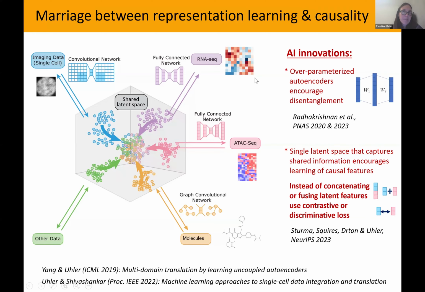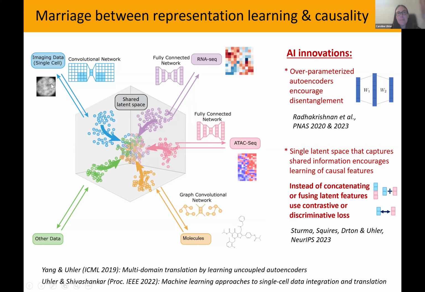And so now when you have multivariate data, you can do the alignment of these different modalities. And now here comes the intuition from causality. In many different papers, you see multimodal autoencoders, but often what they would do is either concatenate the different features.